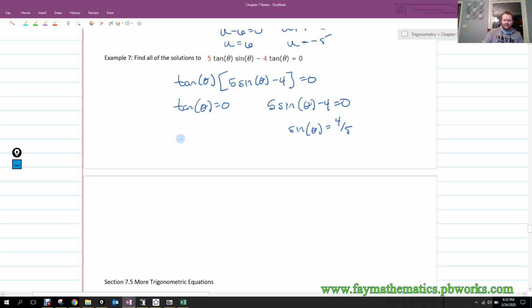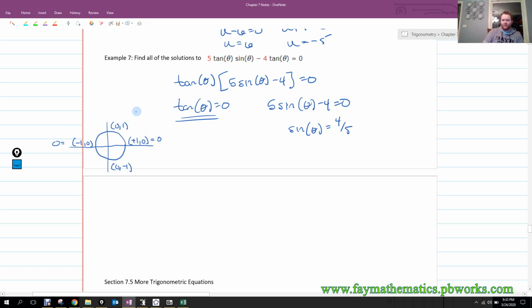That being said, we have to evaluate where tangent is equal to 0. Well, remember, off the unit circle, that tangent is sine divided by cosine. So if I go -1, 0, 1, 0, 0, 1, 0, -1, the places that I get 0 would be where y divided by x gives 0.